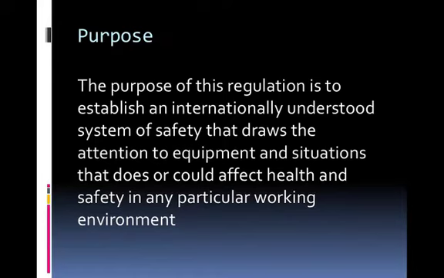So anywhere in the world, persons can go and understand what the sign is saying or what it's asking you to do. It establishes a system of safety that draws attention to equipment and situations that could and do affect our health and safety in any particular working environment.